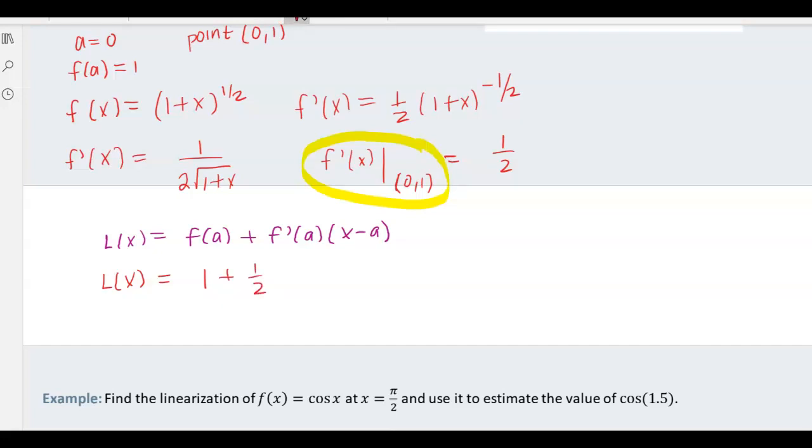And then x minus a, where a is equal to 0, so we're just going to have x. So it looks like the tangent line that will approximate the function in areas near 0 is going to be 1 plus 1/2 x.